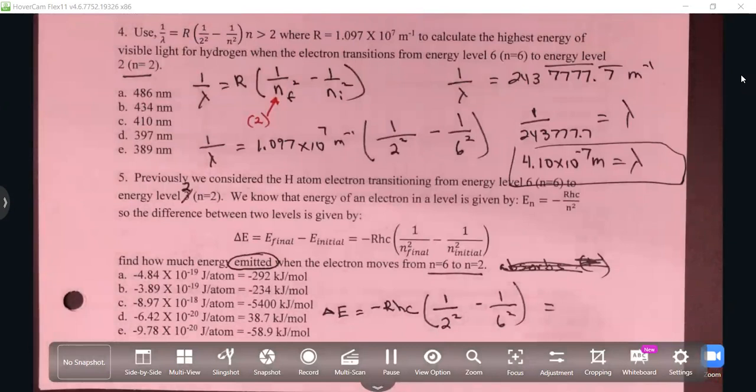What page did we work that out on from our learning guide? So I have the answer in joules per atom, which is what it's going to come out to, and I'd like it in kilojoules per mole.